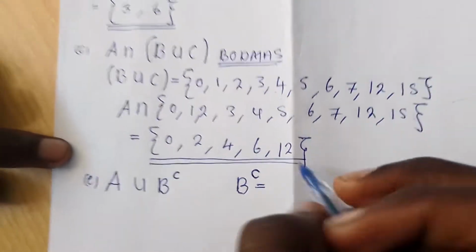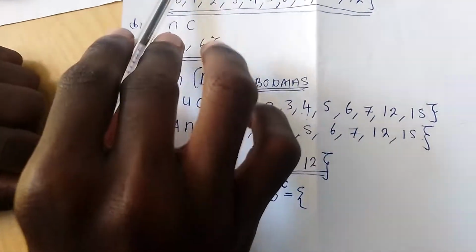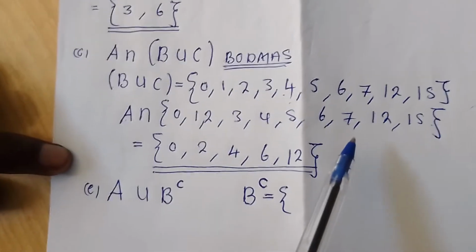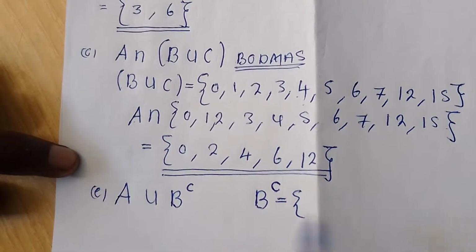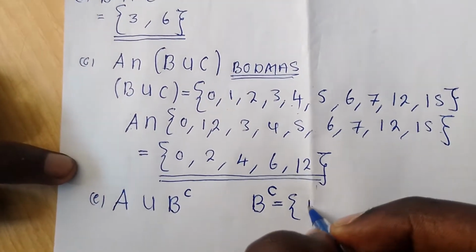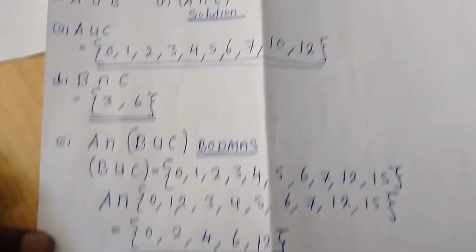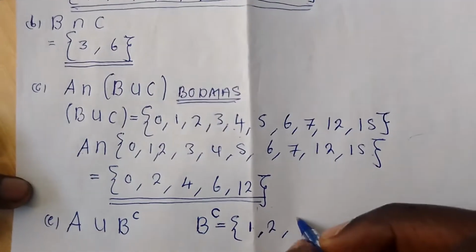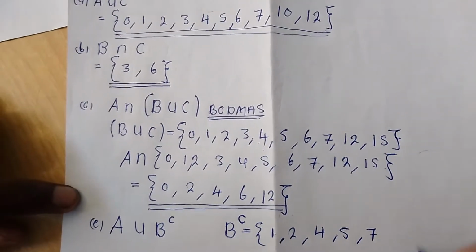The set we remain with contains A and C together with the universal set. So it's going to be 1, 2, 4, 5.